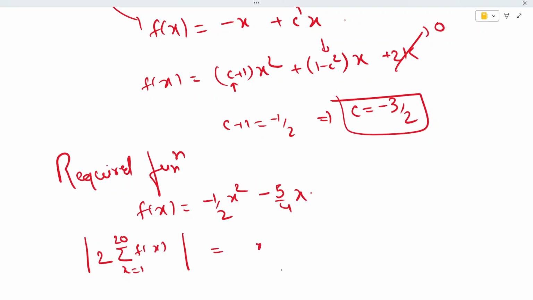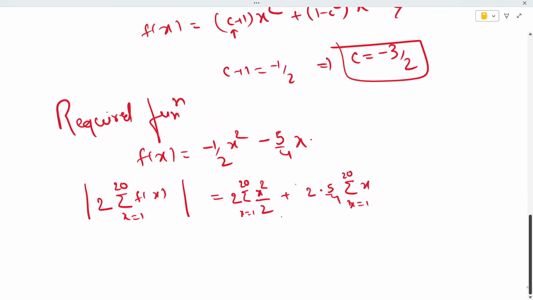When you do mod, this quantity becomes x square by 2, and when multiplying with 2, take 2 outside the summation, that is x from 1 to 20, plus 2 into 5 by 4 summation x from 1 to 20.